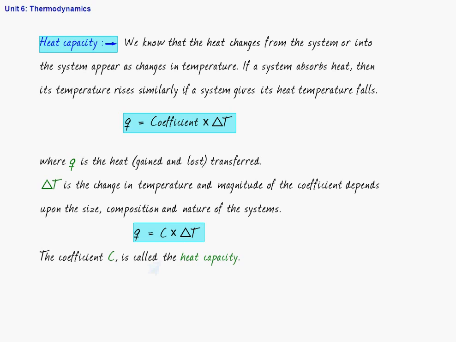But when C is small, then as you can see from this relationship, a given amount of heat results in a large rise in the temperature. Therefore, if we know the heat capacity of a substance, then we can measure the heat supplied by knowing the rise in temperature. Now, you should understand that water has a large heat capacity.